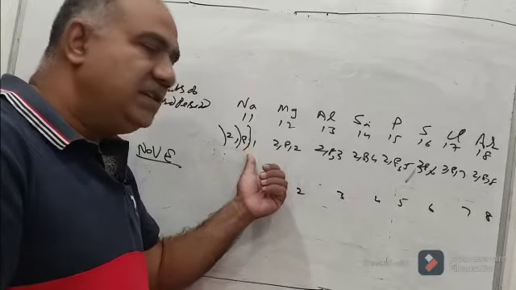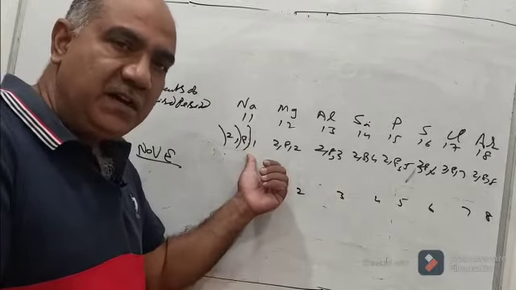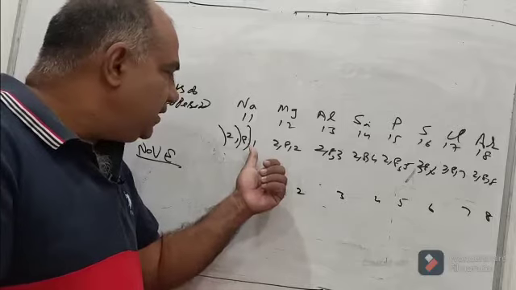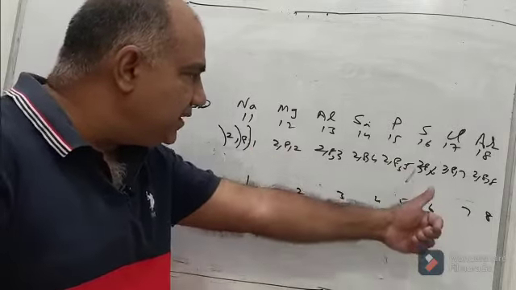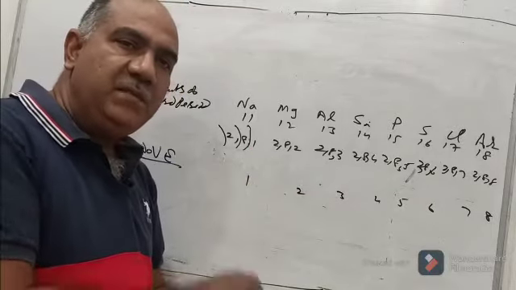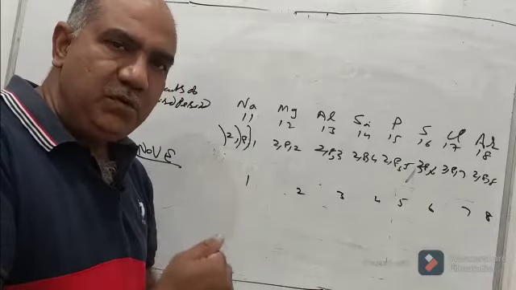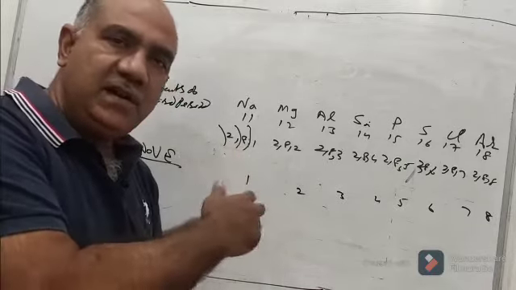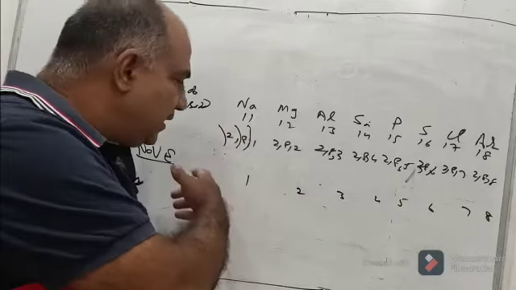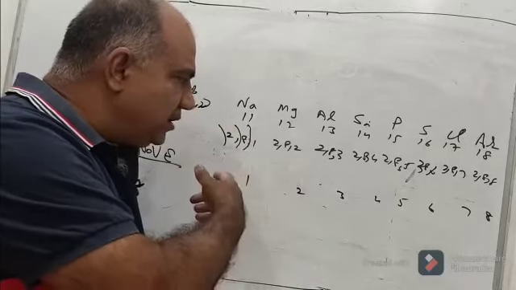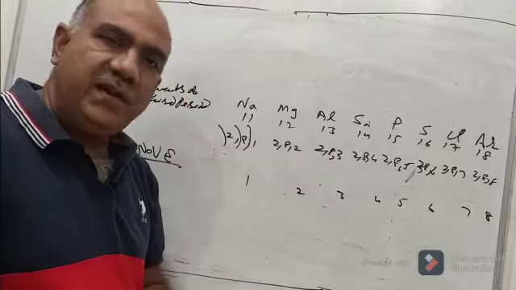So electrons that are present in the last orbit are called valence electrons. So here it is 1, 2, 3, 4, 5, 6, 7, 8. So we can say that from left to right, when we move across a period, the valence electrons consecutively increase from 1 to 8.